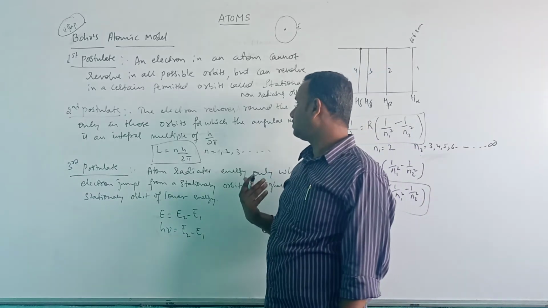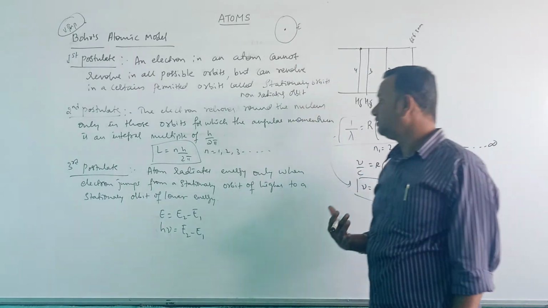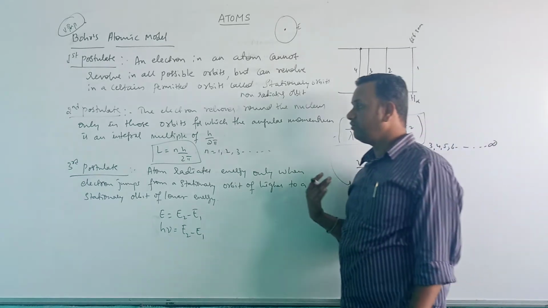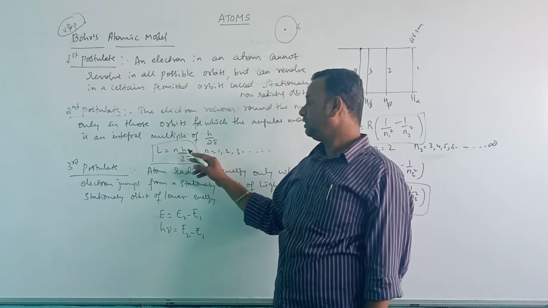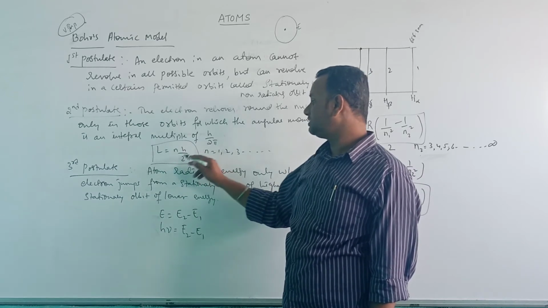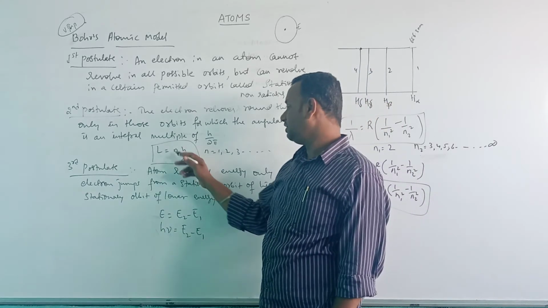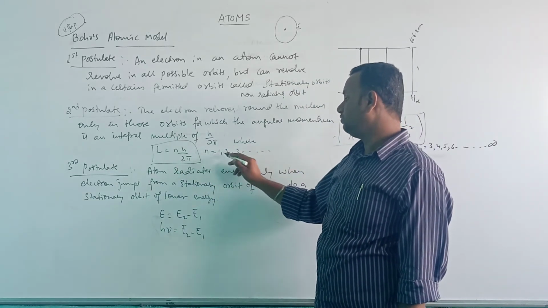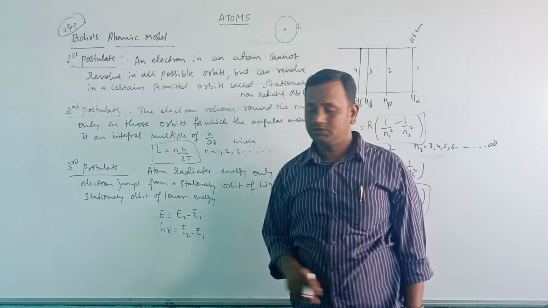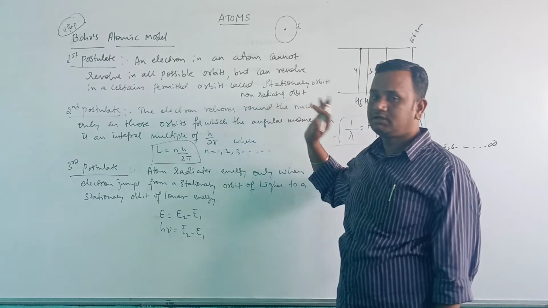So whichever electron is revolving around the nucleus in those orbits, its angular momentum is always equal to an integral multiple of h by 2 pi. This is the second postulate.